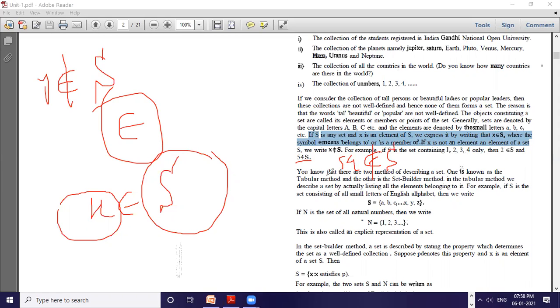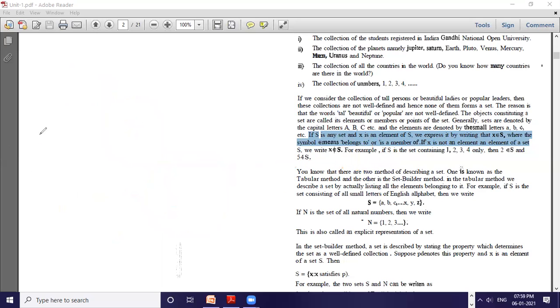Okay. You know that there are two methods of describing a set. अब हम देखेंगे कि sets को कैसे describe किया जाता है. One is known as the tabular method and the other is known as the set builder method. So भाई आप all of you please note down this, that how to describe a set. One method मैंने अभी कहा, that is known as the tabular method.